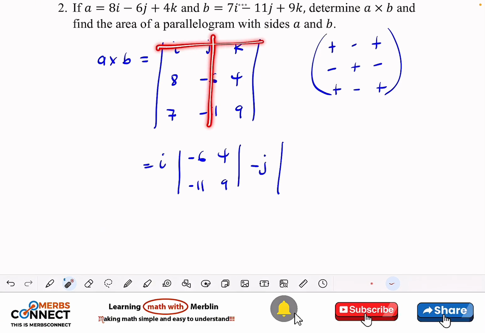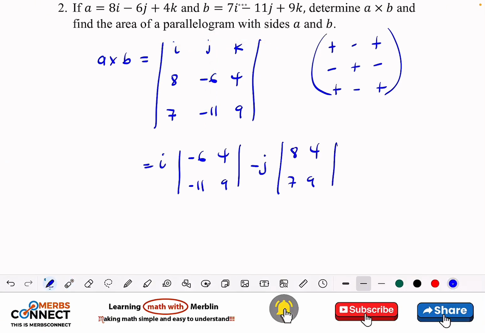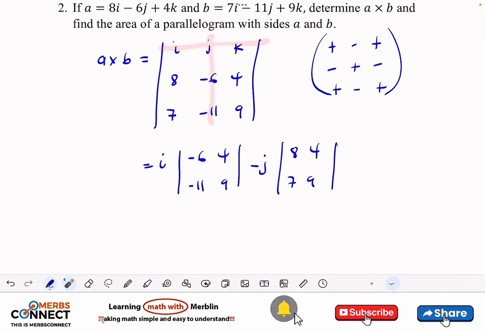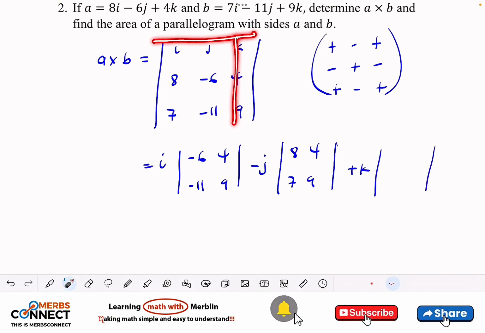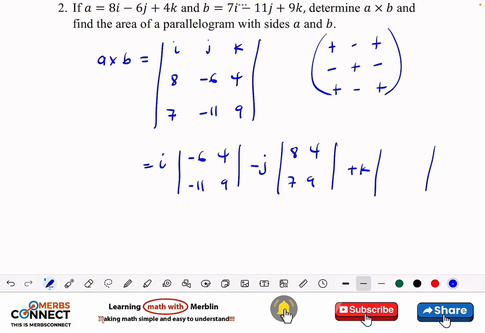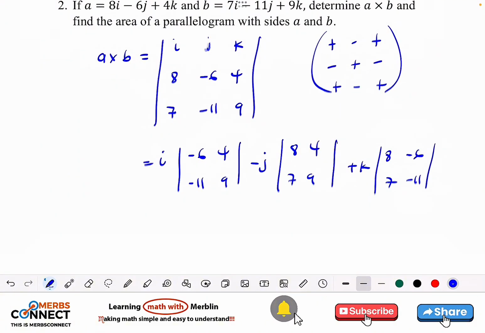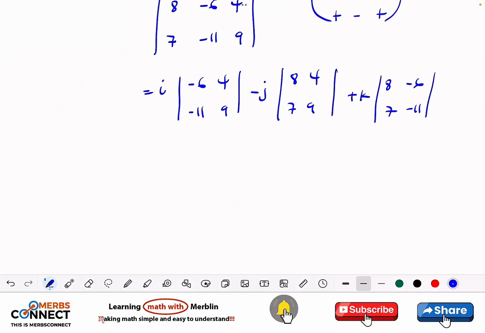When I cancel j, what am I going to have? 8, 4, 7, 9. Then plus k. When I cancel k, what am I going to get? 8, minus 6, 7, minus 11. So we just finish it up.